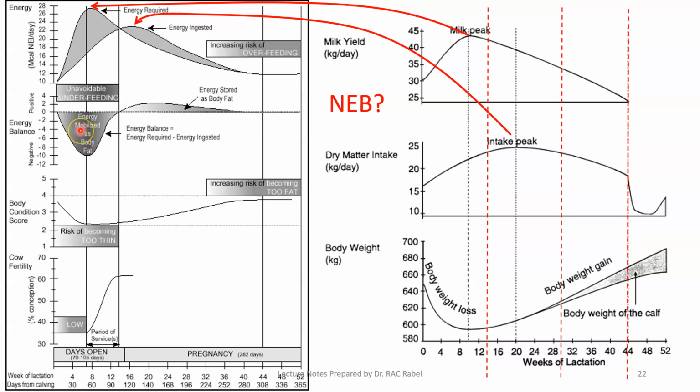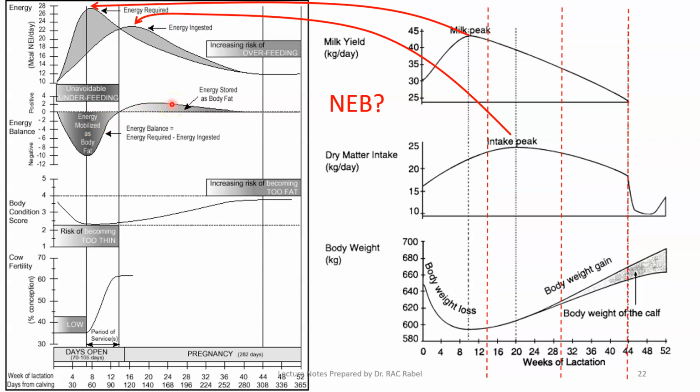The animal will mobilize stored body fat resources and use them for milk production. And then in the mid lactation and late lactation periods, the animal's intake goes above output, which gives the animal a chance to replenish, to restore those sources that were previously used up.